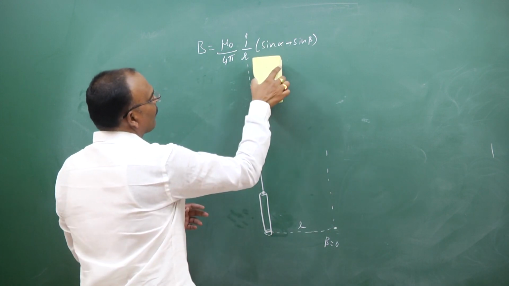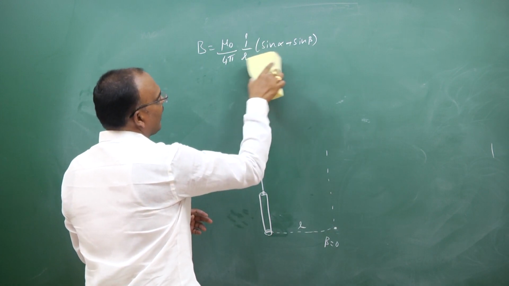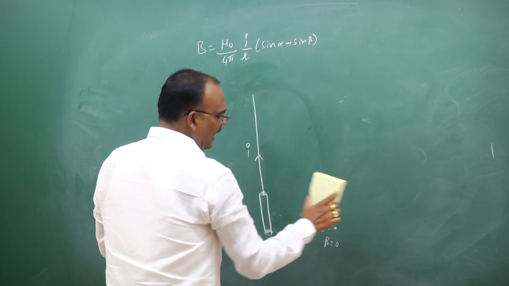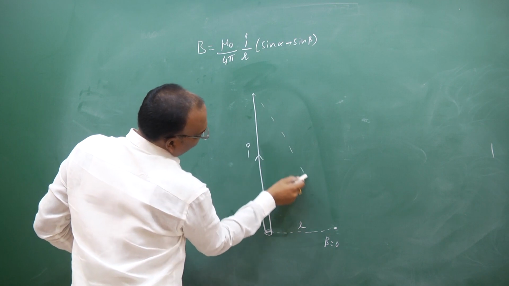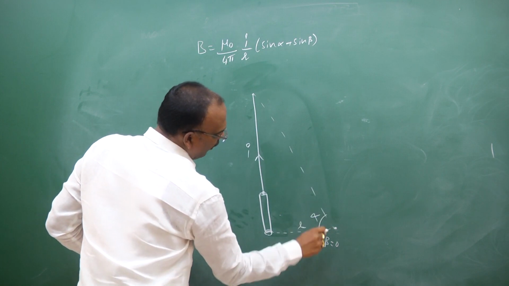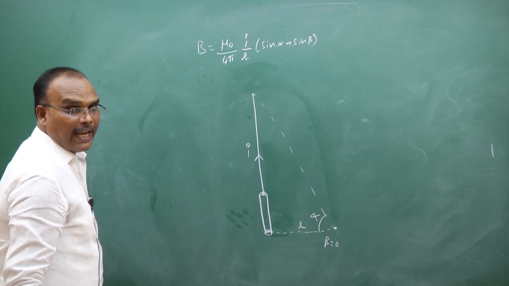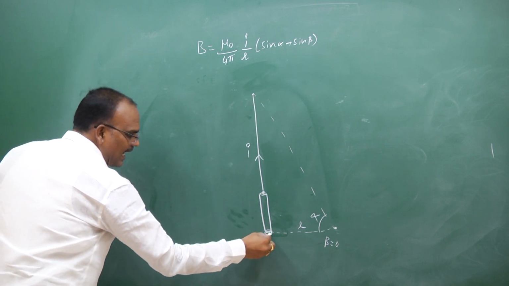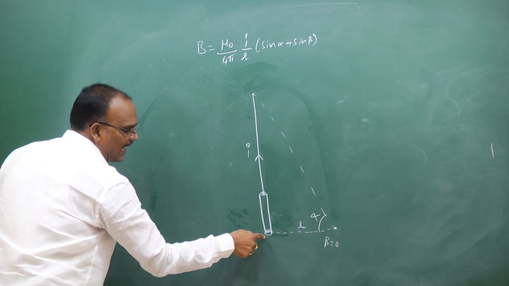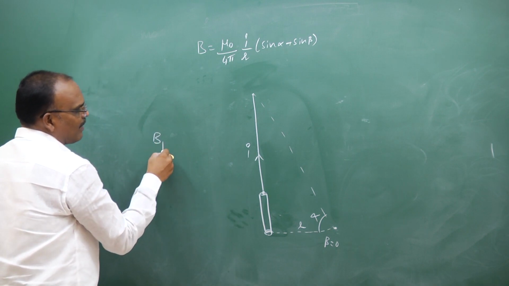If it is not an infinite conductor but a finite conductor, we join this and you will get alpha. Then the magnetic field due to this entire conductor, from here to here, I will write as B1.